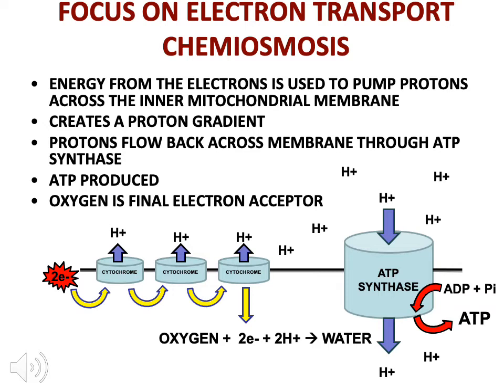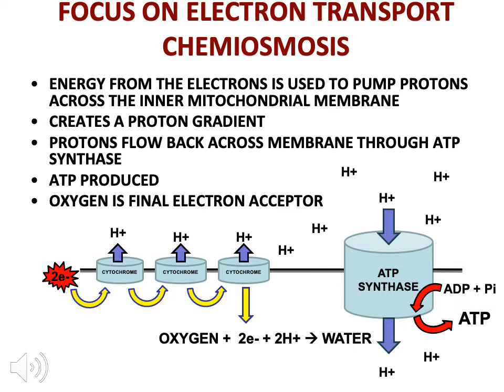As a matter of fact, I can go ahead and look at my first two bullet points. I can't resist. Energy from the electrons is used to pump protons across the inner mitochondrial membrane. It creates a proton gradient. Go back to the illustration. Off to the far right-hand side, you will see a unique cylinder there that is labeled ATP synthase. That is an enzyme, and it's an enzyme that operates when protons flow through it.